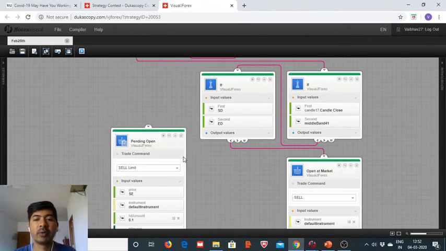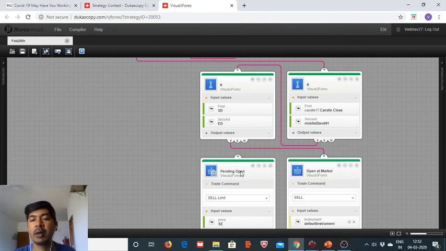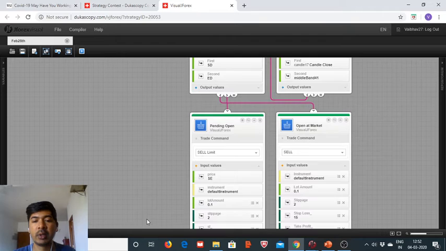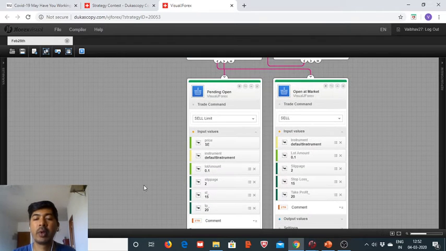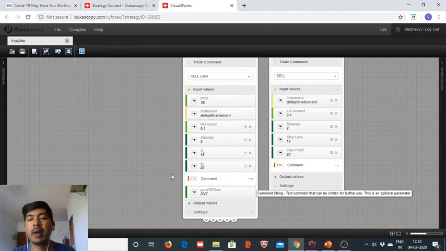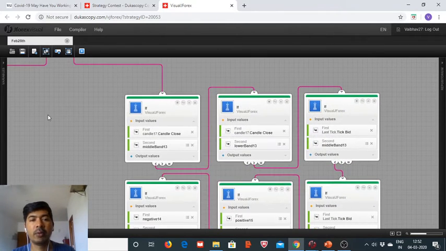And if the difference is more, then the order will be placed 10 pips higher than the current price, and that's why we have brought in this pending open order, just to make sure if there is significant amount of deviation. In such a scenario, we want our order to be delayed and placed at a price possibly closer to the middle band. So this is the setup which is complete now.